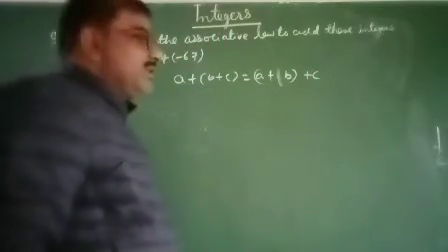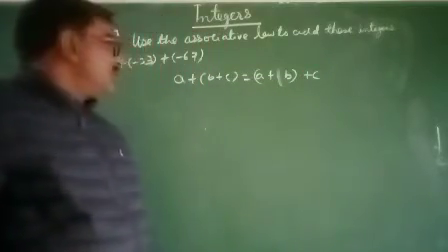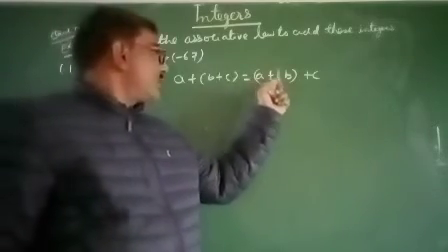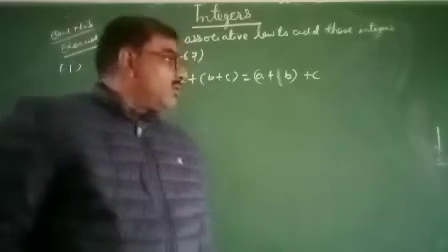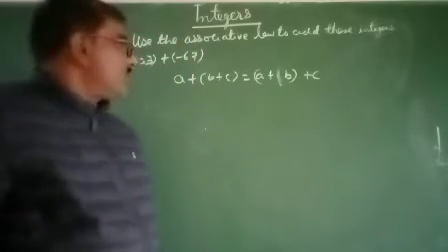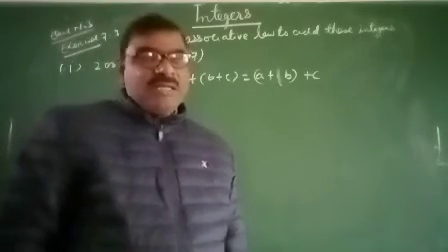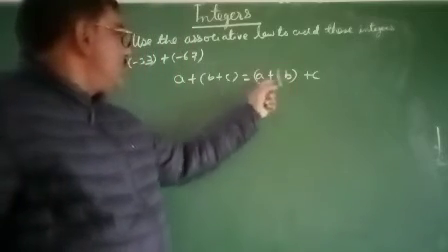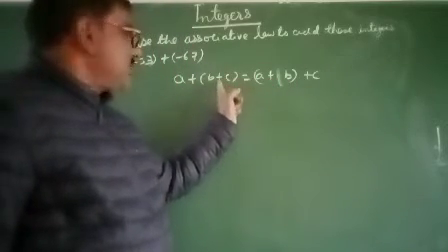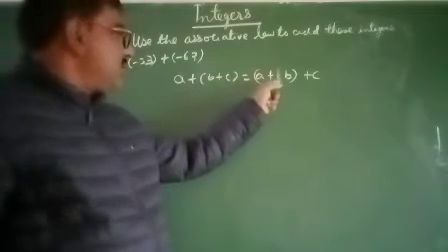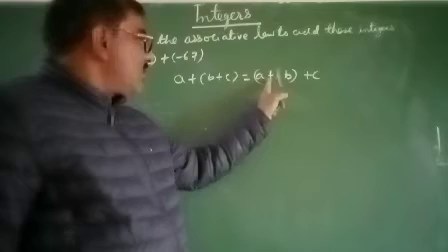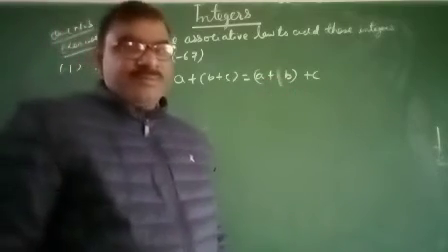It means if there are three integers, then we can group any two integers and add, and the result will be the same. Here you see B plus C: first I will add B plus C, and here we add A plus B.